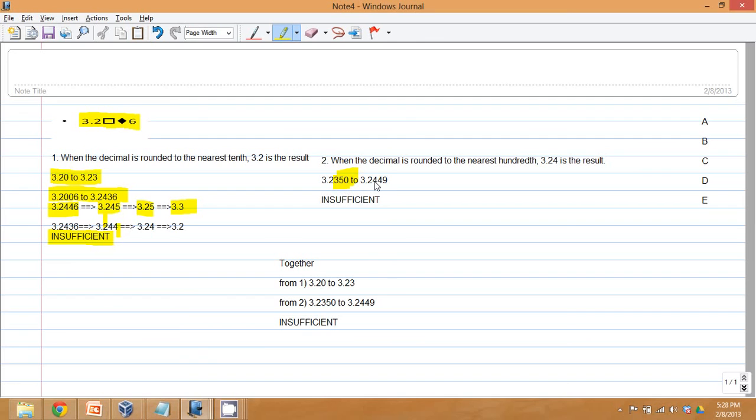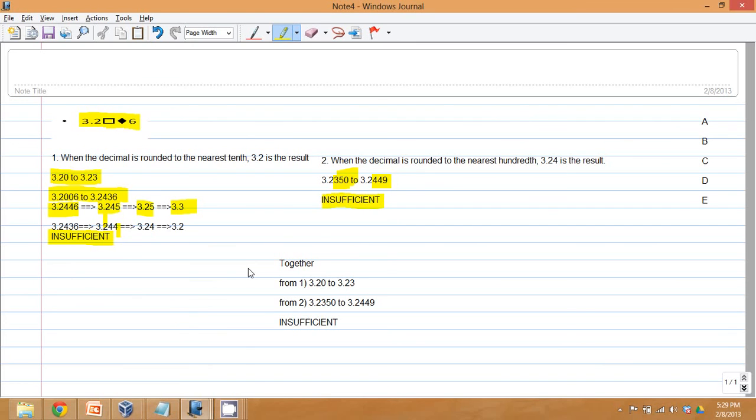In that case, since it's not 4.5 yet, it's 4.49, it would become 3.24. So this just tells us that 3.24 would be the answer, but it still is not sufficient, because we could have 3.23, that is 3 or 4 in the 100th digit place, so this is not sufficient.